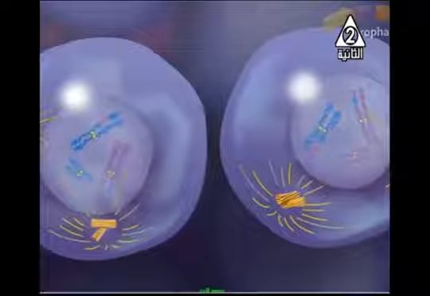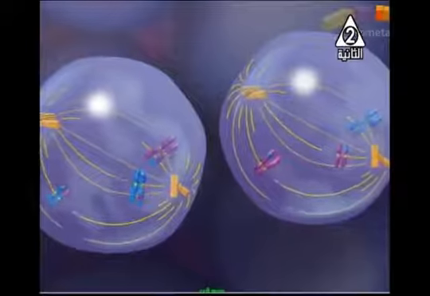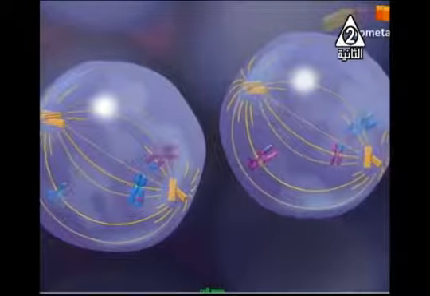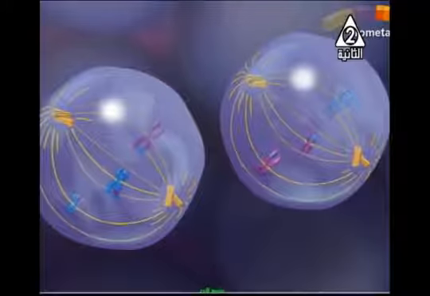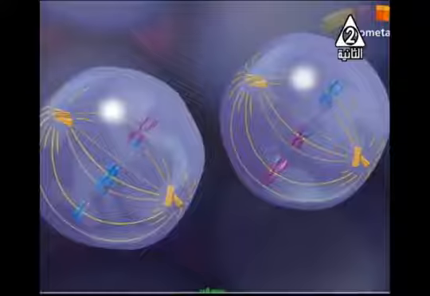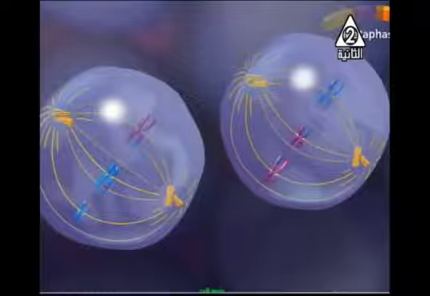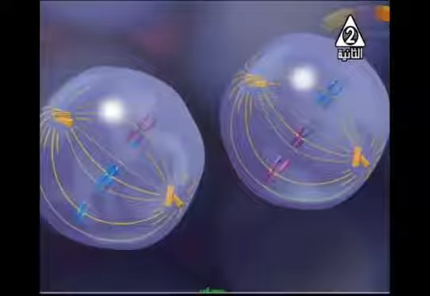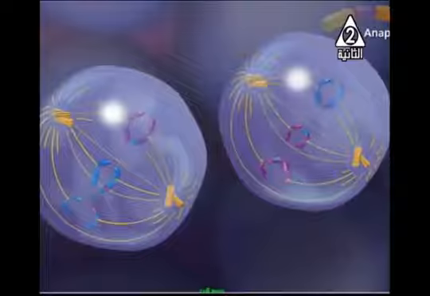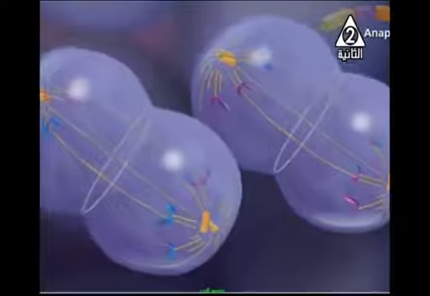The chromatin reticulum condenses to form chromosomes, then each chromosome connects to the spindle fibers in prophase 2. Then the chromosomes are arranged at the cell equator in metaphase 2, then the spindle fibers shrink to split each chromosome into two identical chromatids.